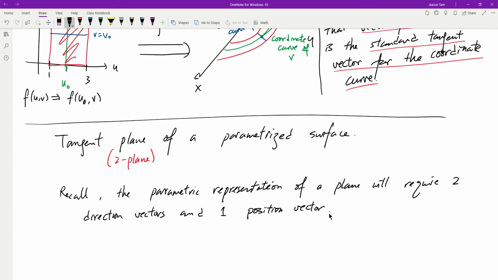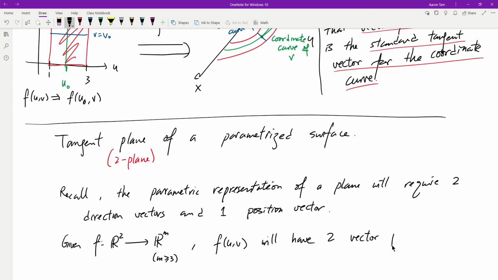And if you think about it, given a function f that maps from R2 to Rm, assuming that m is greater than or equal to 3, so it won't be just from R2 to R2, but at least R3 or higher. Let's say this function is f of uv. f of uv will have two vector partial derivatives. And what are these vector partial derivatives?